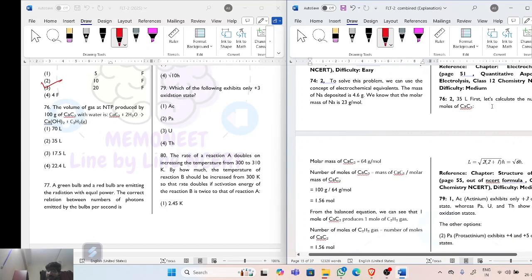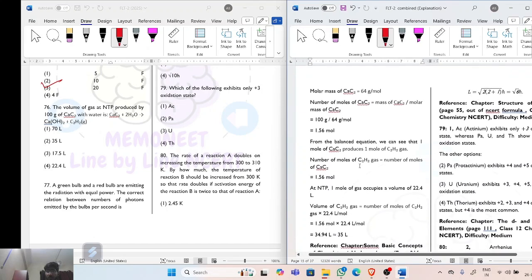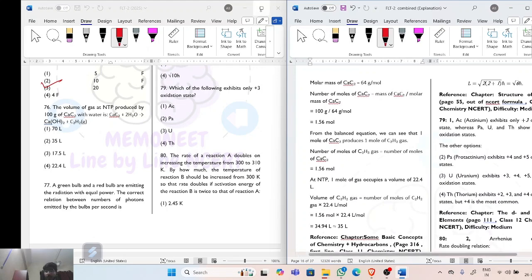So let's calculate the number of moles of CaC2. First of all, we have to calculate the number of moles of CaC2. So the molar mass of CaC2 comes out to be 64 gram. The number of moles of CaC2 will be 100 gram divided by its molar mass, which comes out to be 1.56 mole. Now from the balanced chemical reaction we can see that 1 mole of CaC2 produces 1 mole of C2H2 gas.